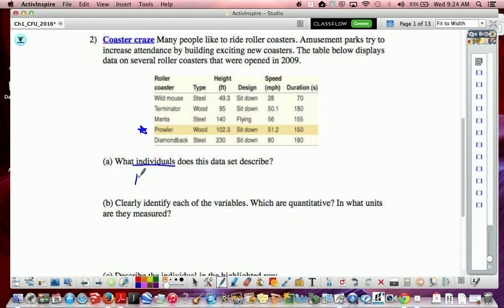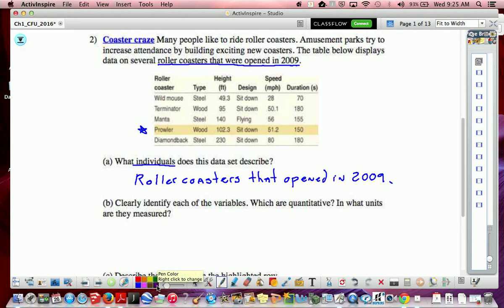In this case, we want to be specific by saying it's not only roller coasters, but it's roller coasters that opened in the year 2009. Notice how it says here, roller coasters that were opened in 2009. So that helps me identify the individuals.